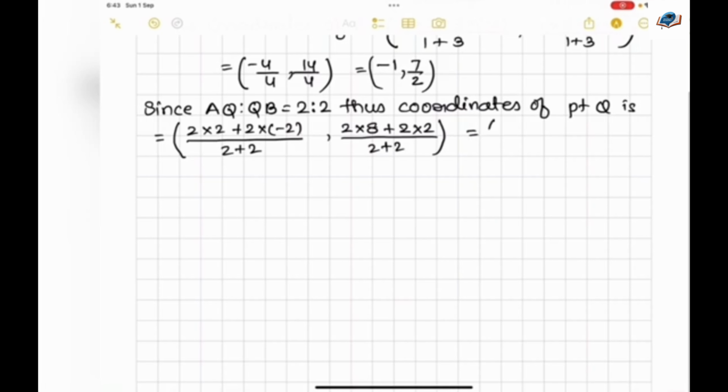So that will be equal to 0 by 4, comma 20 by 4. So that will be 0, comma 5.